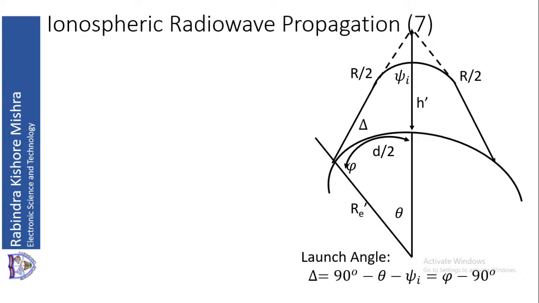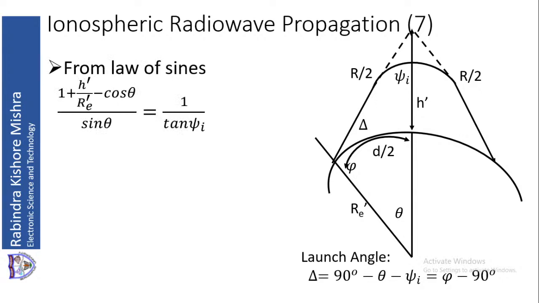So 90 minus theta minus psi I. This is a relation from the three angles of the triangle, which add up to 180 degrees. So from that we get this relationship. The launch angle delta is equal to 90 degrees minus theta minus psi I, which is equal to phi minus 90 degrees. Now you know the law of sines.